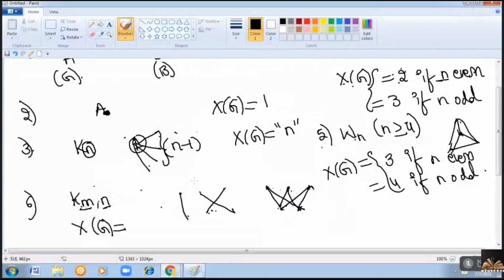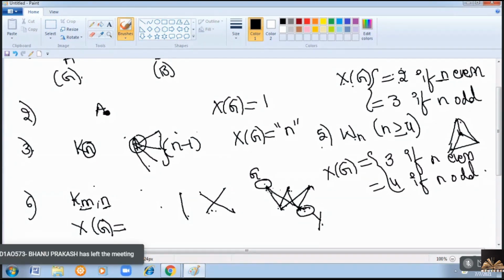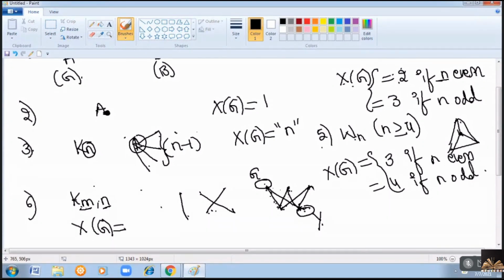Why? Because when you observe this graph, every edge will contain one end in the first group and another end in the second group, right? So if you color this with green and yellow, something like this, the second edge also contains one end in the first group and another end in the second group.